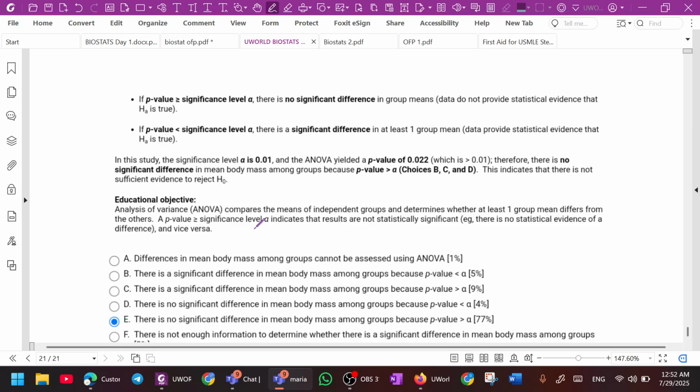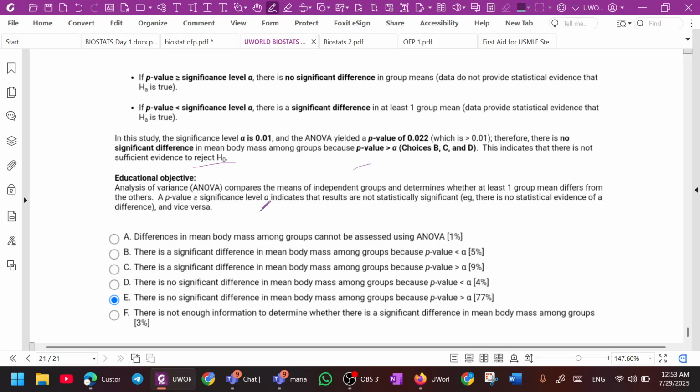Data provide statistical evidence that HA is true. In this study, alpha is 0.01 and the ANOVA yielded the p-value 0.02. There is no significant difference in the mean body mass among groups because the p-value here is more than the alpha significance level. This indicates there is no sufficient evidence to reject H naught. Makes sense? Yes. Perfect.